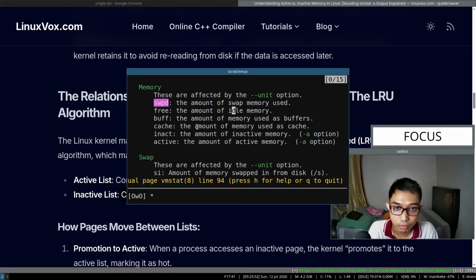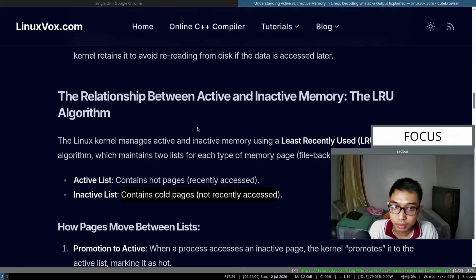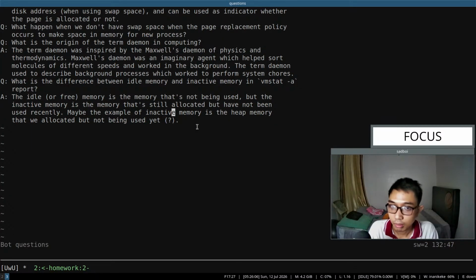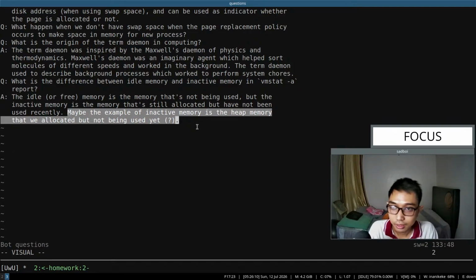And I'm kind of curious what is the difference between idle memory and inactive memory. And well, I'm trying to make some kind of guesses, I guess, a hypothesis.